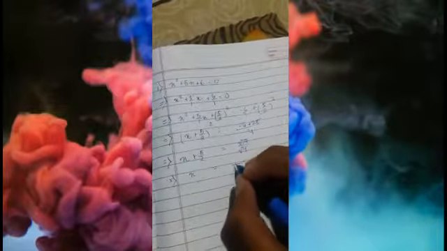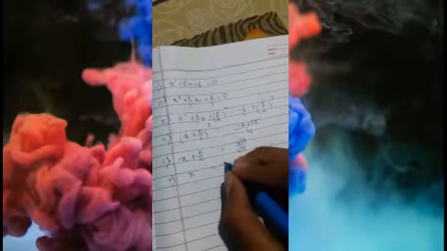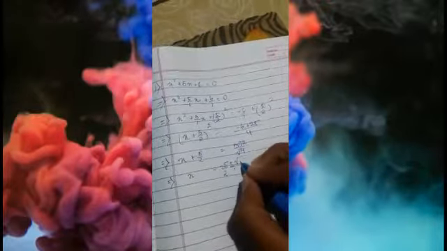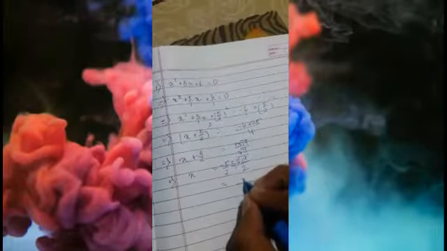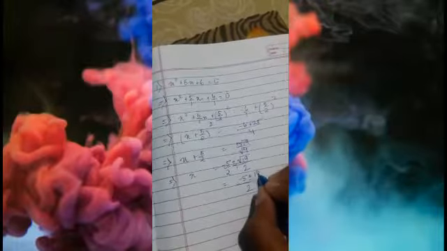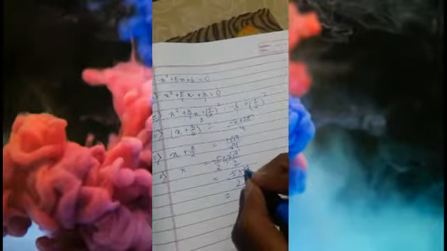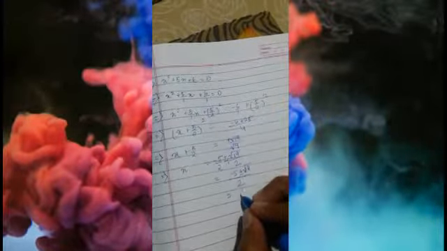So x equals minus 5 by 2 plus or minus root over of 19 by 2, which equals minus 5 plus or minus root 19 by 2. So here two roots will come out.